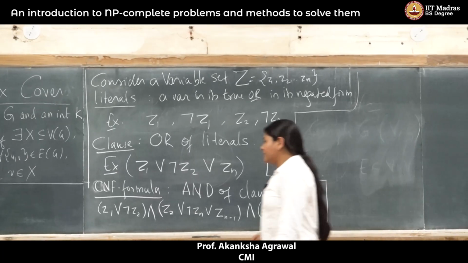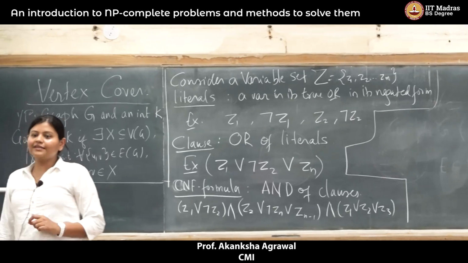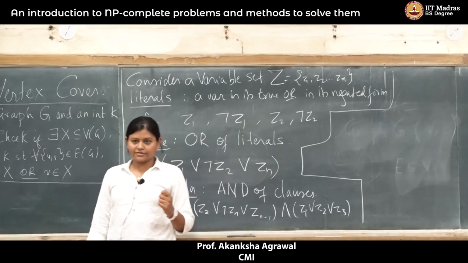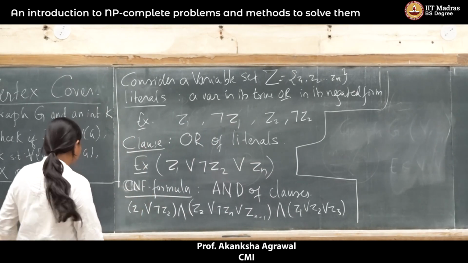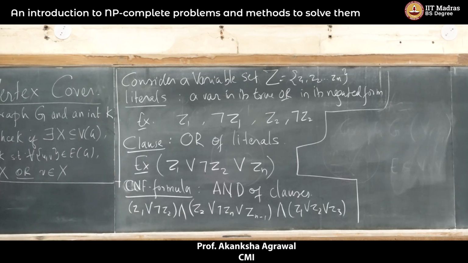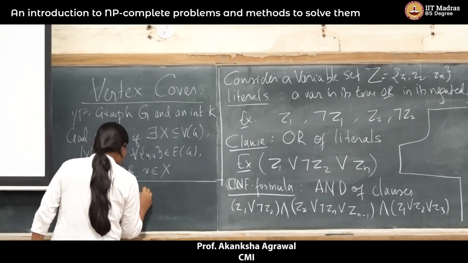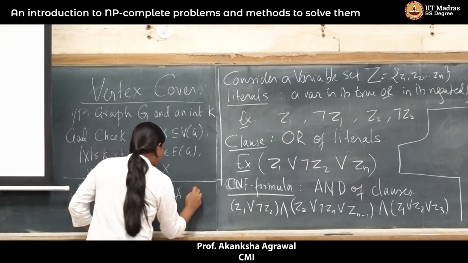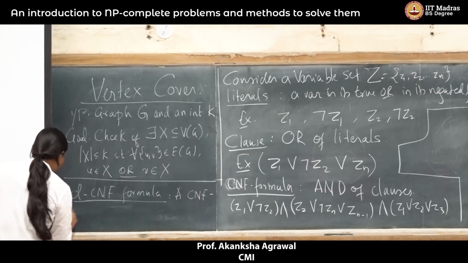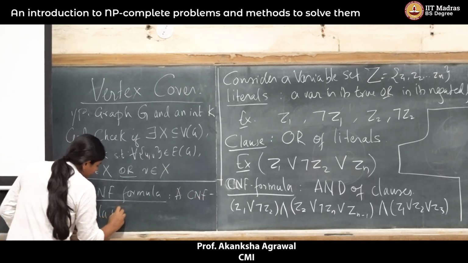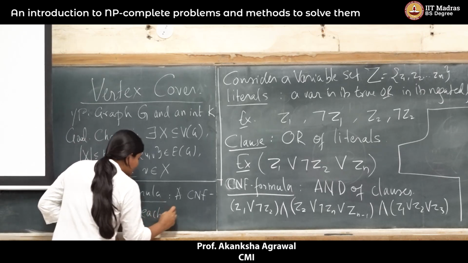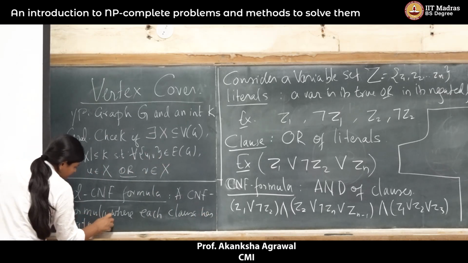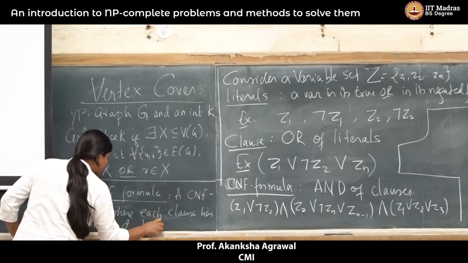So now let me define a D-CNF formula, which is nothing but a CNF formula where every clause has at most D literals. Consider an integer D. I'll write the D-CNF formula here: a CNF formula where each clause has at most D literals.